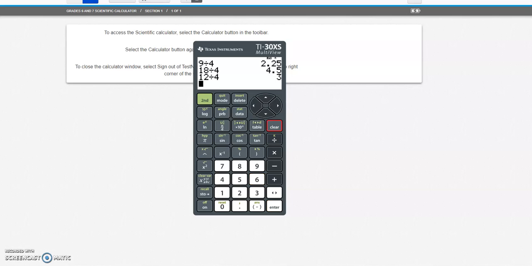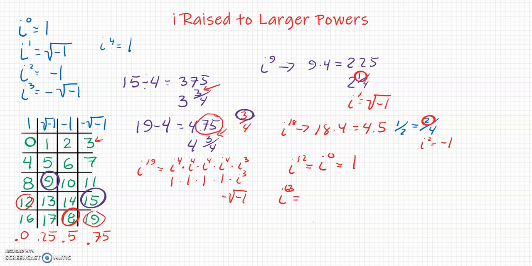Let's clear this. 63 divided by 4. The decimal is 0.75, which means this is the same thing as i to the third. 0.75 means i to the third, so our answer is negative square root of negative 1.